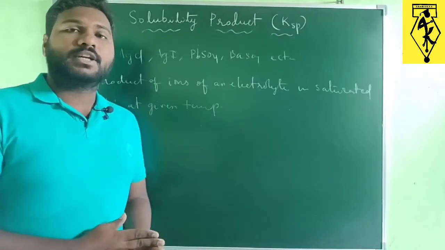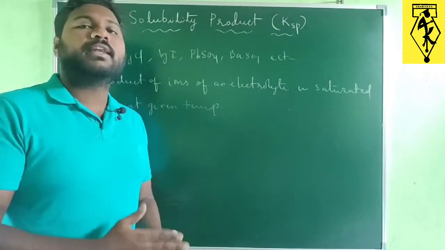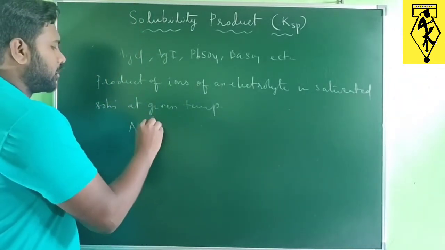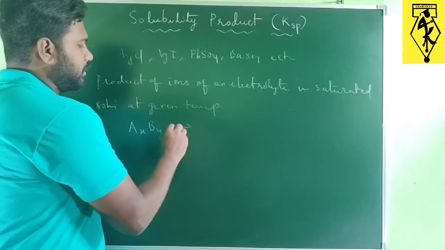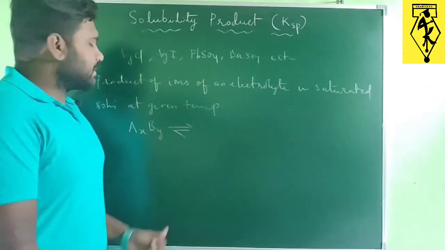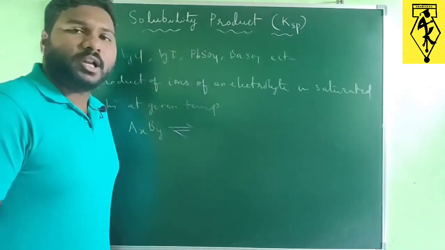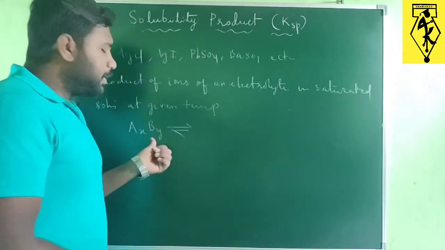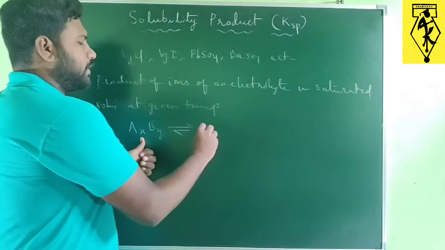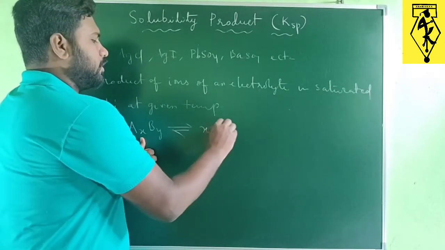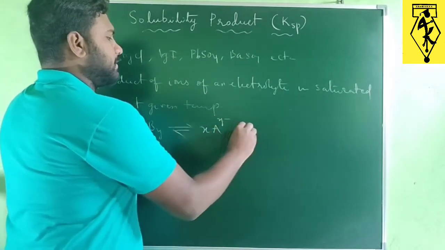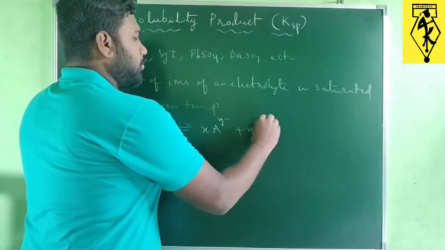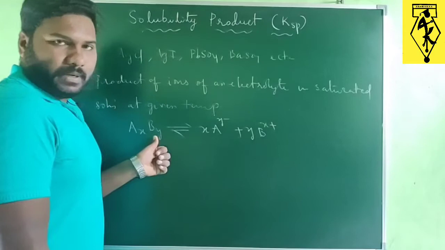Let us discuss dissociation of some sparingly soluble electrolyte. I am taking AxBy. Let us take this as some sparingly soluble electrolyte, and if you observe its dissociation, it will dissociate into x moles of A^(y-) plus y moles of B^(x+).